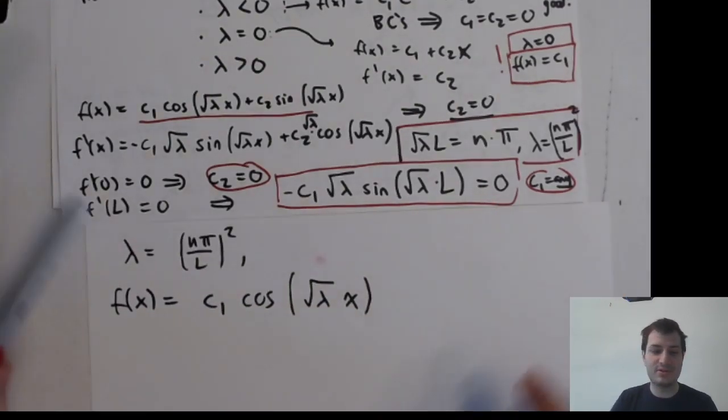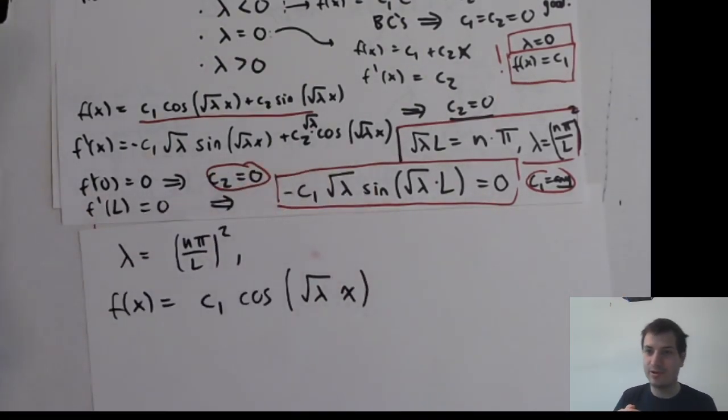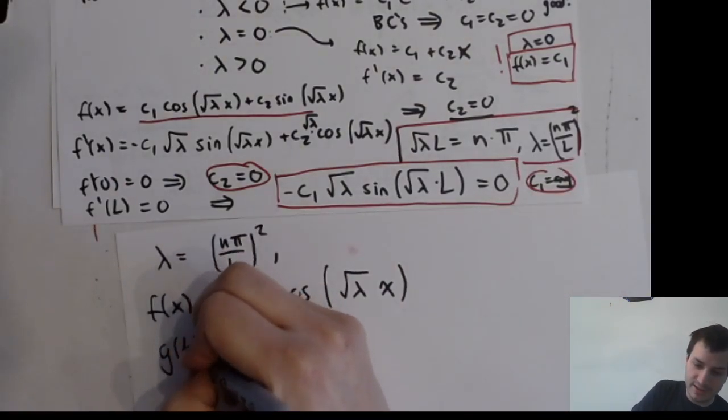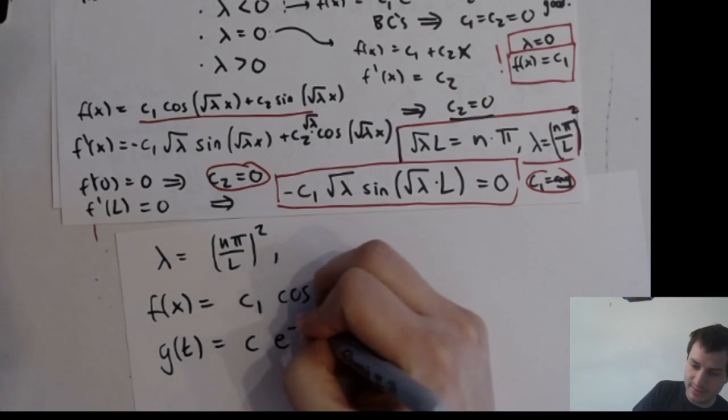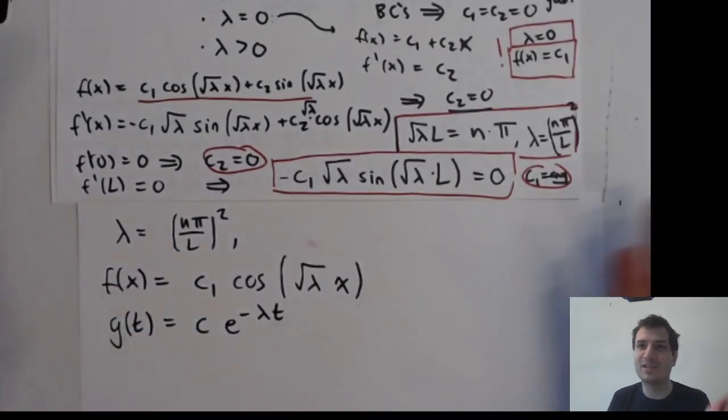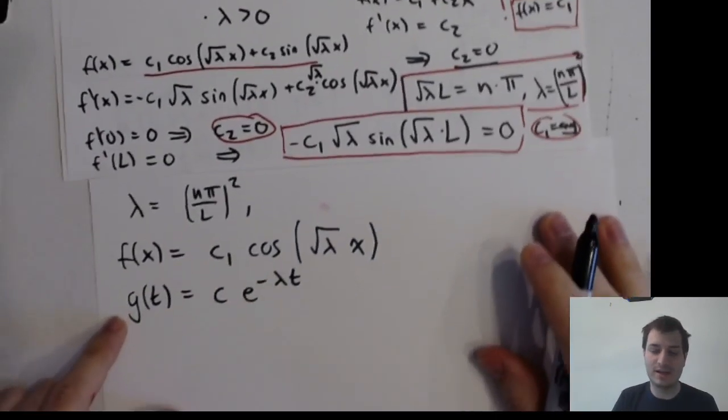Okay, so the solution is cosines. The g of t function, the time function, was c e to the minus lambda t. Just like before, these both have constants, but we're multiplying together, so there's really only one constant.